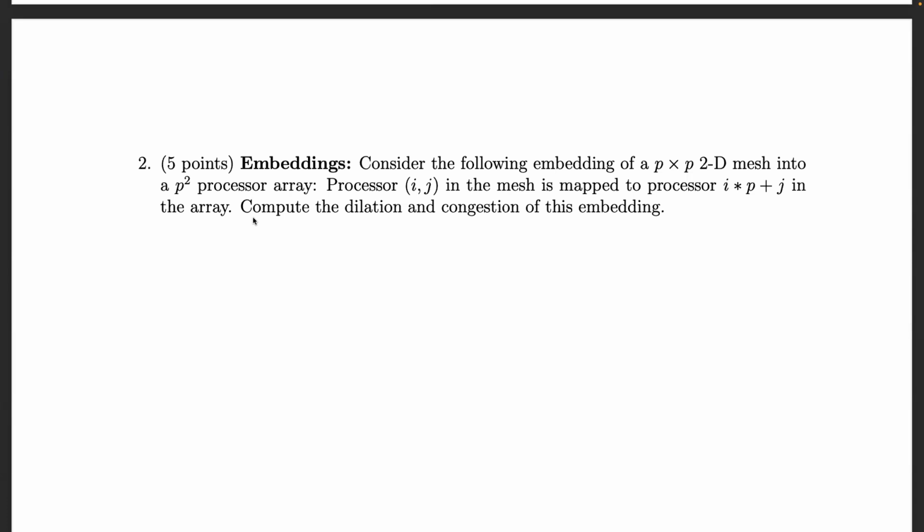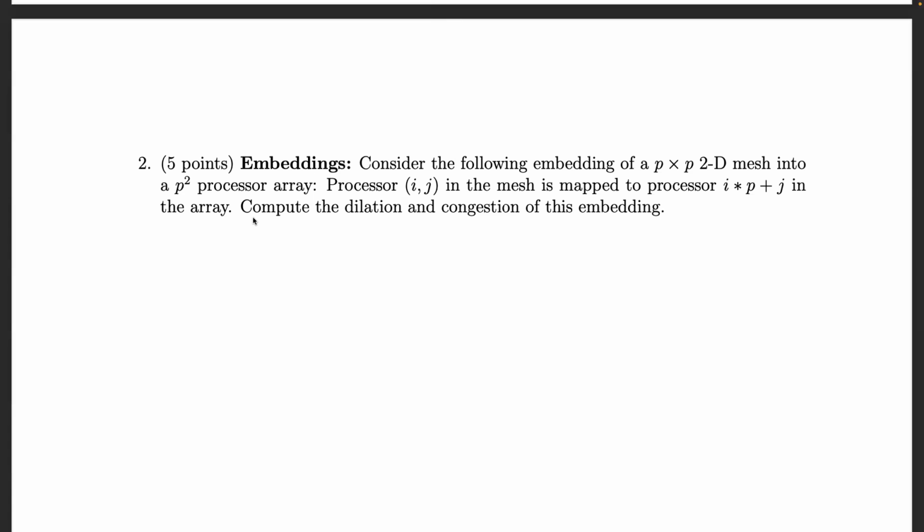Well, what are the neighbors in the P by P mesh? So the neighbors are up, down, left, right. And the neighbors in the array are just left and right. And so dilation is how much does the path increase after you do the embedding.